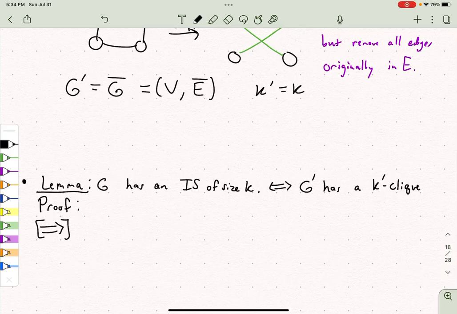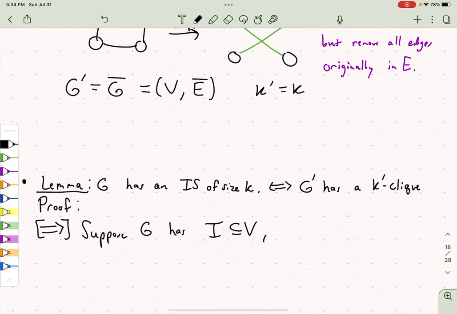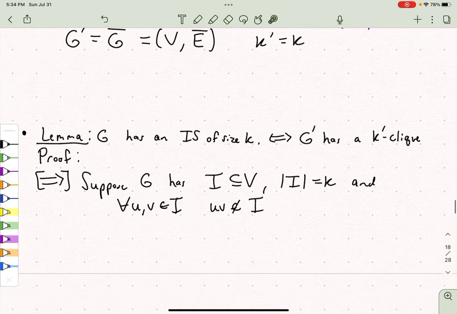So in particular, let's start by supposing that G has an independent set of size K. So I contained in V, some subset of vertices, so that the size of that set is K. And for all U and V in I, we know that the edge UV is not in I. That's what it means to be an independent set.